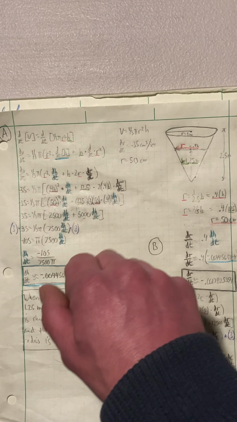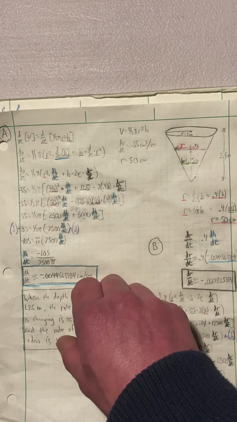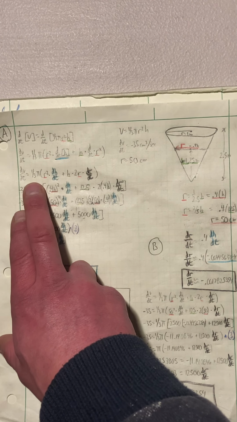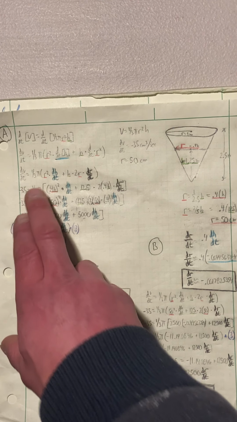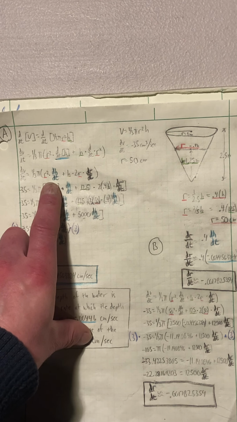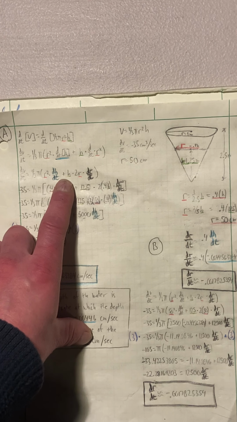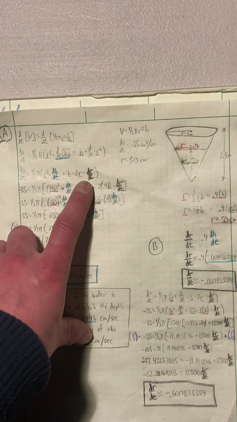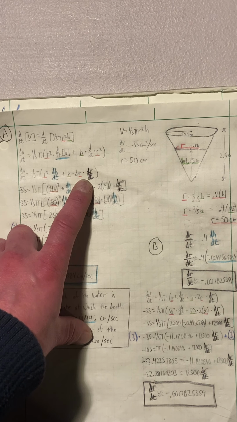When we take the derivative, we get 1/3 pi times radius squared times dH over dt, the rate of change of the depth, plus the depth times 2 times the radius times dr over dt, the rate of change of the radius.